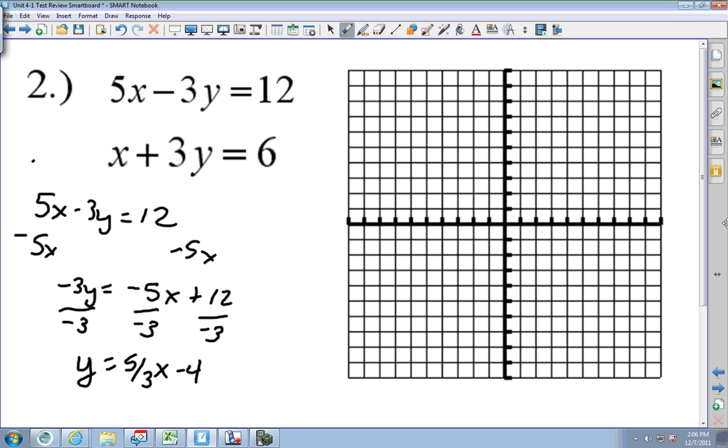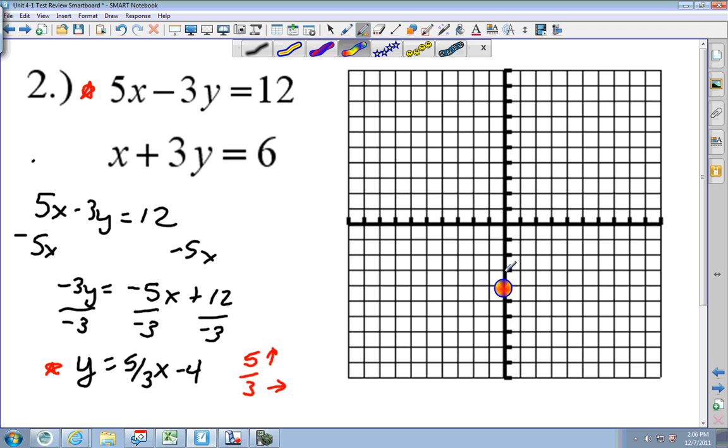Okay, so here is for this one. So let's go ahead and graph this one. I'm going to start at -4, put a dot. Now my slope is 5/3. It's telling me to go up 5 to the right 3. So here we go.